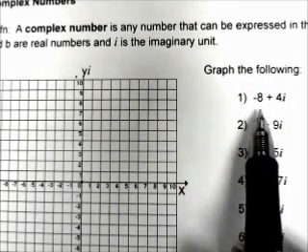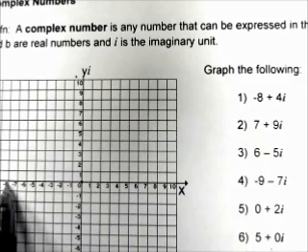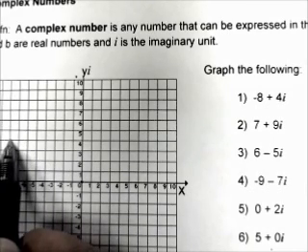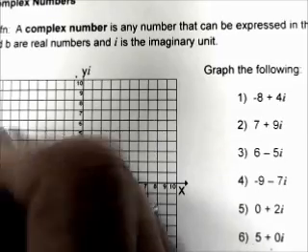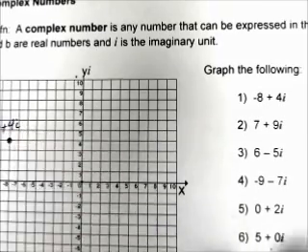So if we want to graph negative 8 plus 4i, we go to negative 8 on our x-axis, and then up to 4i on our y-axis. So that would be this point right here, negative 8 plus 4i.